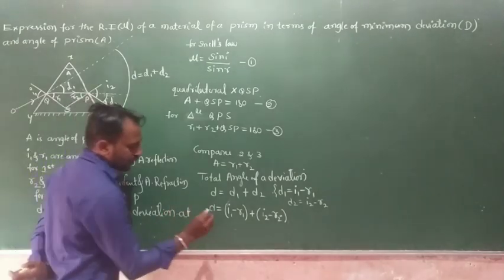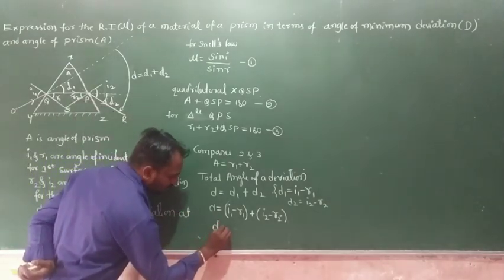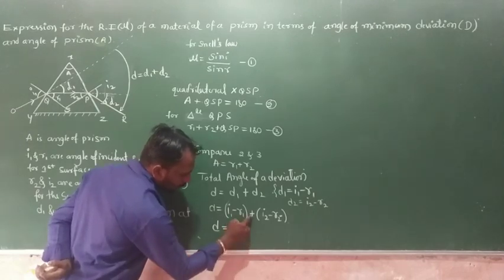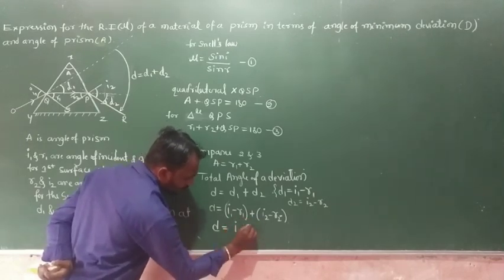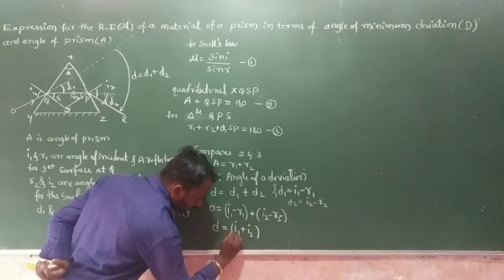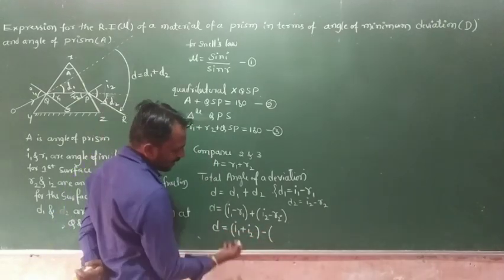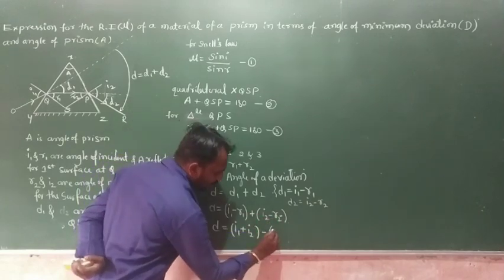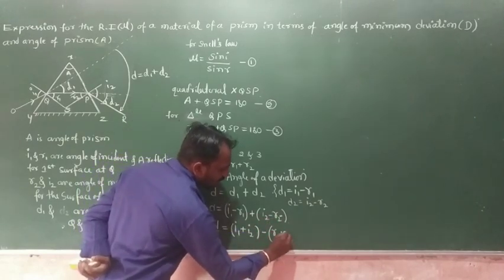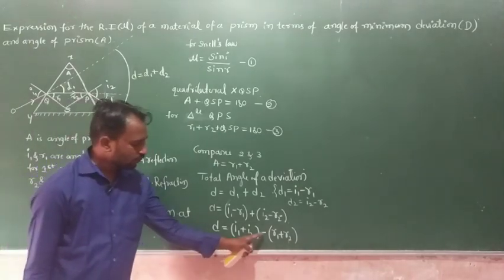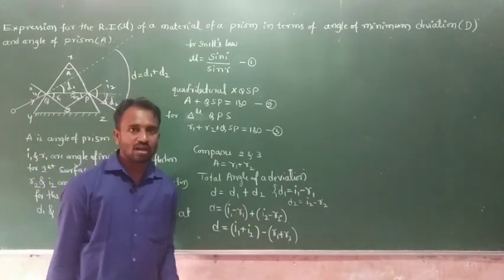Okay, so in this equation we can write the angle of deviation is equal to I1 plus I2 minus R1 plus R2.